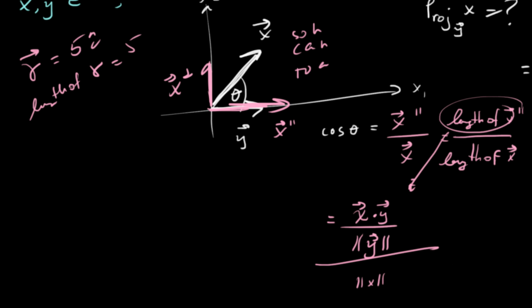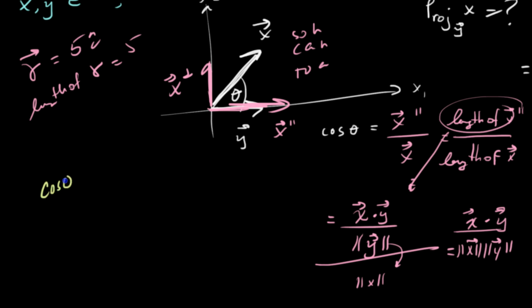How can the length of x be x squared? It's just the magnitude of x. You're probably wondering, what am I doing? Okay, so let's simplify this now. It's x dot y over, since the magnitude of y is over here, we can bring it down, so just the magnitude of x times the magnitude of y. And this is very important, because let's see what we have here.